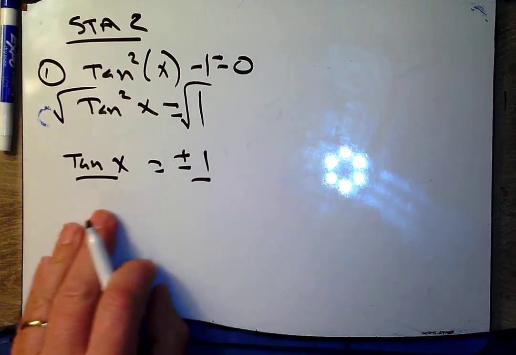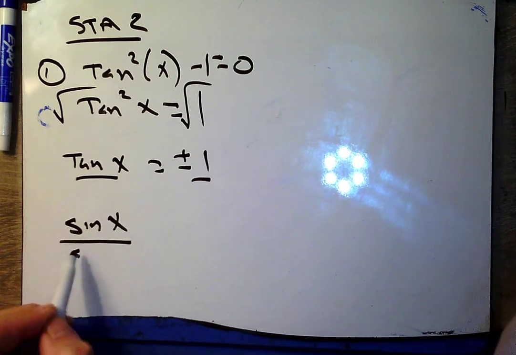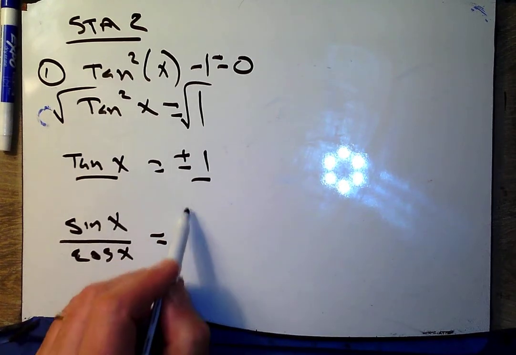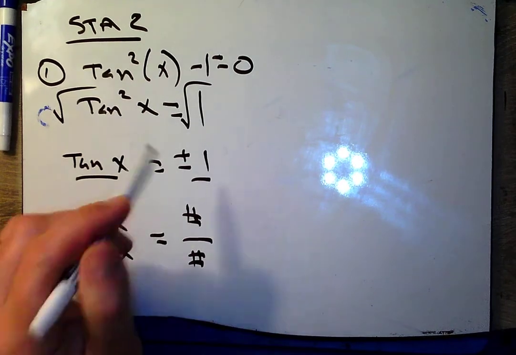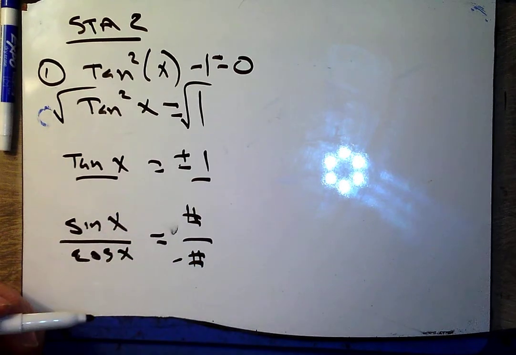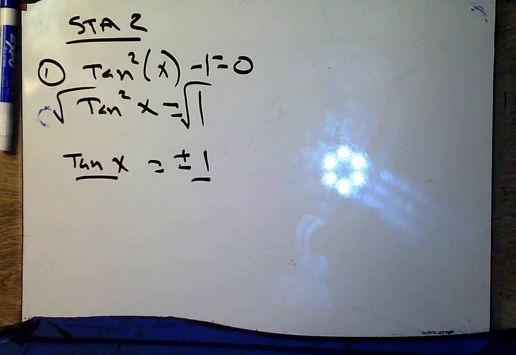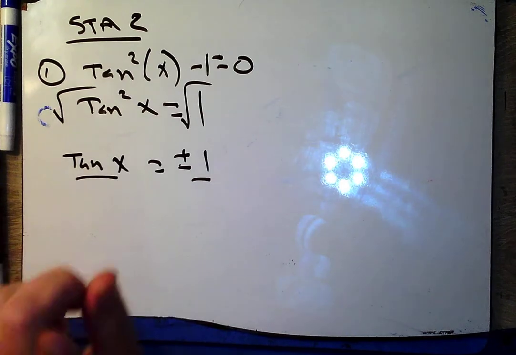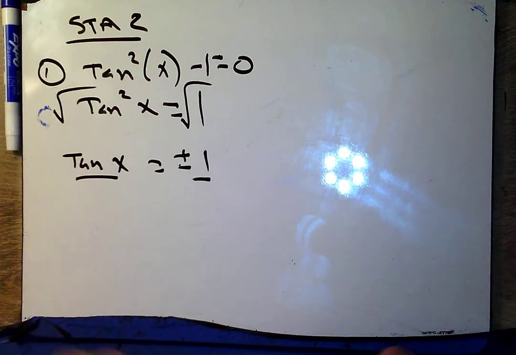Now, some students have this ready, but others need me to remind them, well, remember that tangent is sine over cosine. And for our value to be 1, we need to have a number over itself. To have negative 1, either this one needs to be negative or this one needs to be negative. So where on the unit circle will we find the situation where the x and y coordinates are either, because of the plus or minus, the same or opposites?